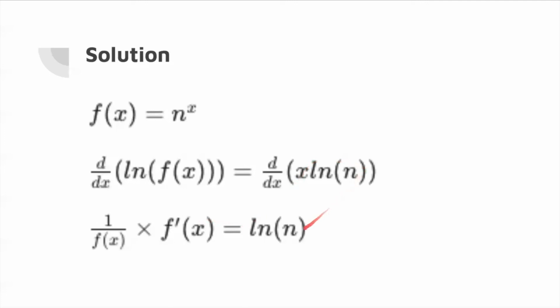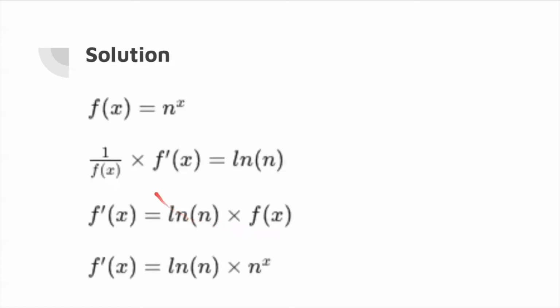So the derivative of that is just the constant. All right, and then we were here at the last step. So multiply both sides by f of x, and then plug in what f of x is equal to, and you find that the derivative of n to the power of x is equal to ln of n times n to the power of x.